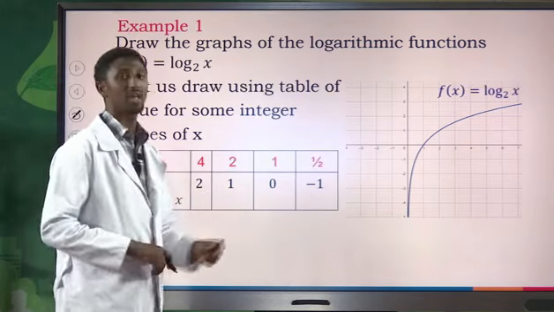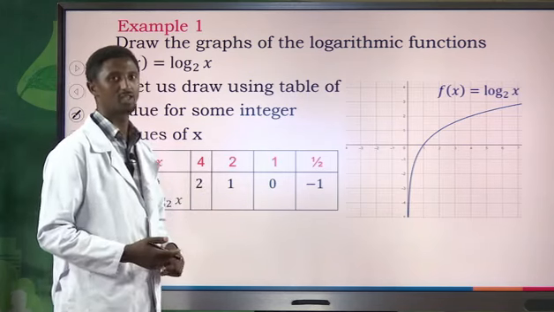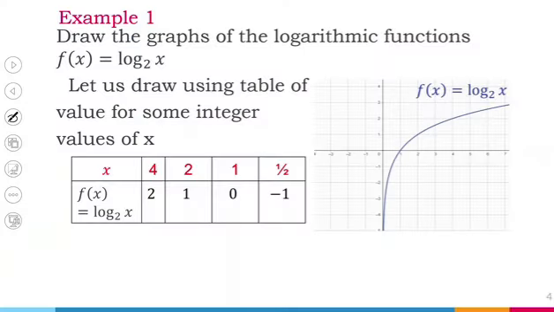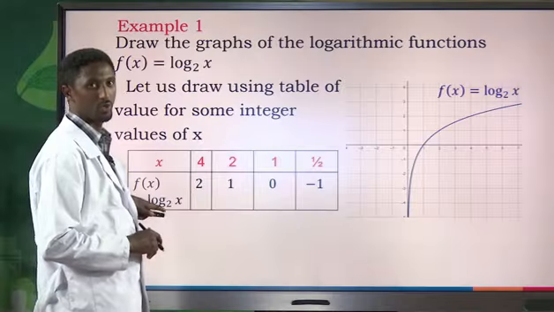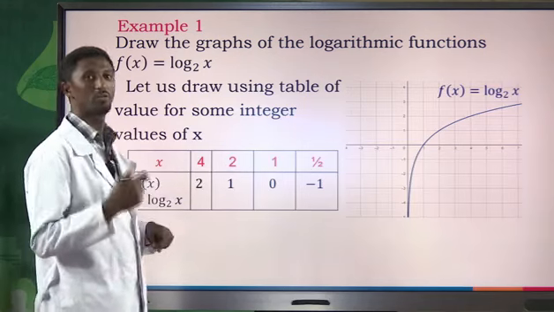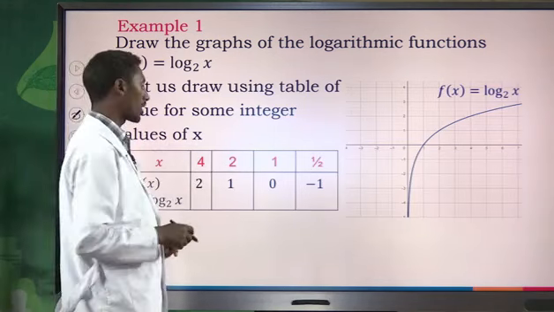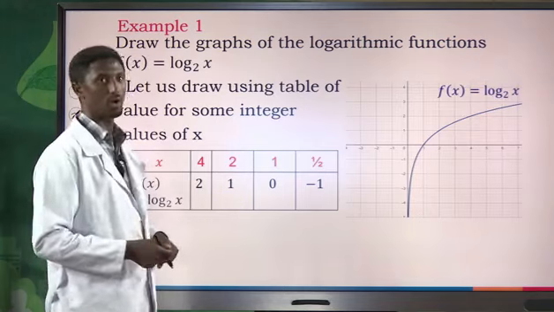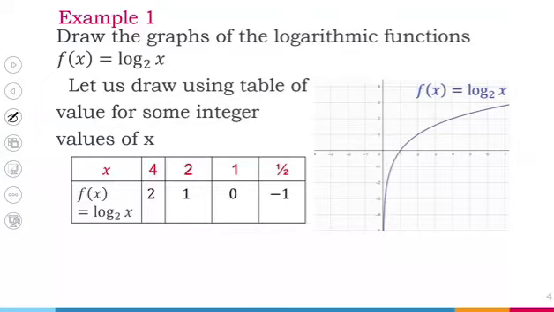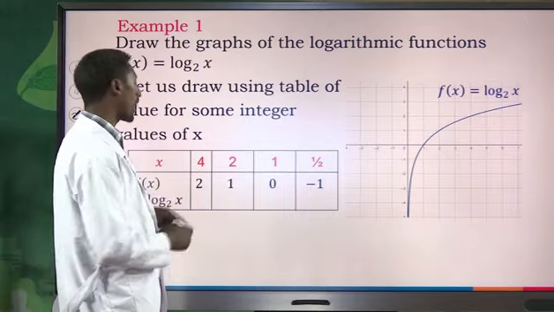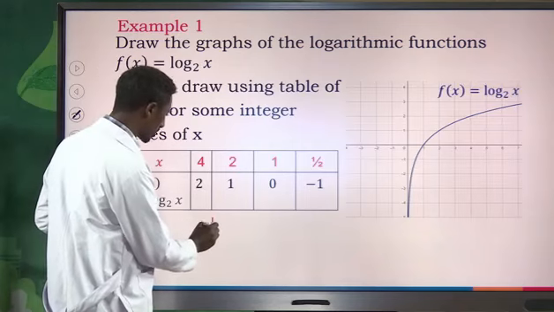Then we can take any positive value of x, but we can systematically choose the values of x that can be simply computed with base 2, or values which can be written as 2 to the power of some constant, either a fraction or a whole number. So at x equals 4, what's the logarithm of x to base 2?